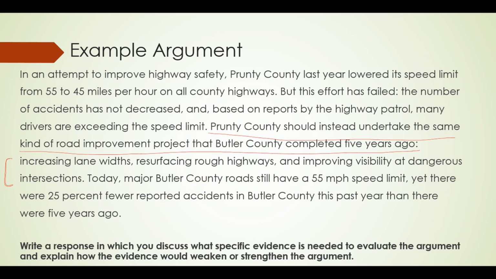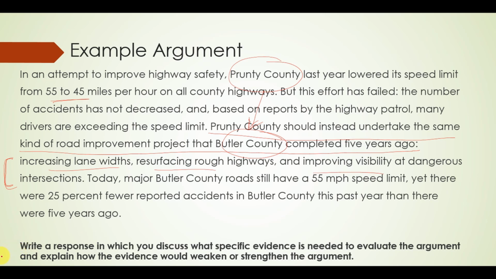So they're suggesting that since the changes made in the county were ineffective, the county should follow what Butler County did, and this is what they did, right? 1, 2 and 3. And it's suggested that if the county does what Butler County did, they should see similar results. So this is what the argument proposes.